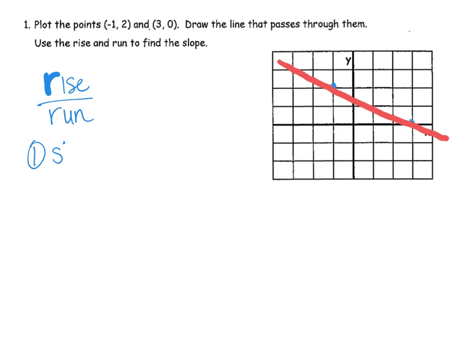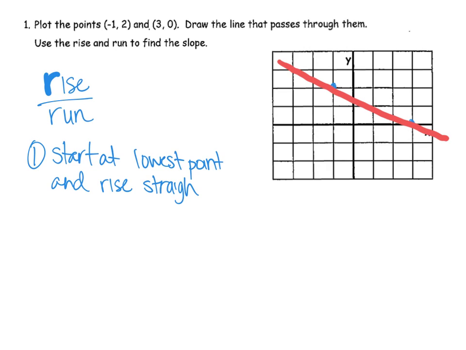Number 1: start at lowest point and rise straight up. Copying this down in the margin. Start at lowest point and rise straight up. So I'm only going up as high as my next point goes. I would not go past my point.